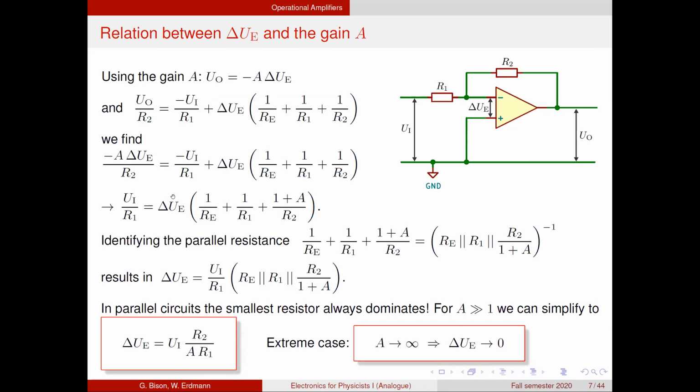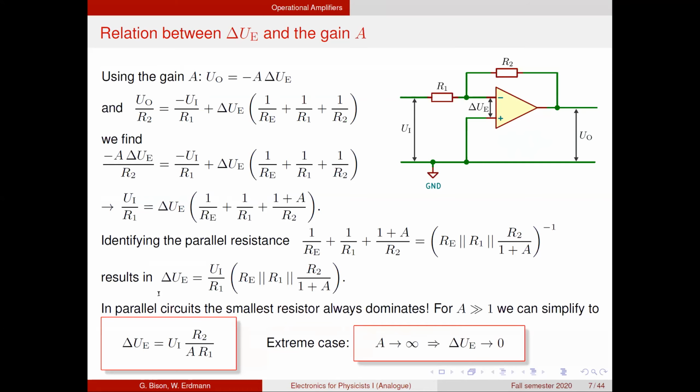Now, if you have resistors in parallel, the smallest one almost dominates. And we have here one resistor which is scaled with 1 over 1 plus A, and A is a large number. So this is very probably the smallest resistor. And so we can simply forget about the other two. And then we find a simple expression here for the input differential voltage as a function of the input voltage and the resistors in the system.